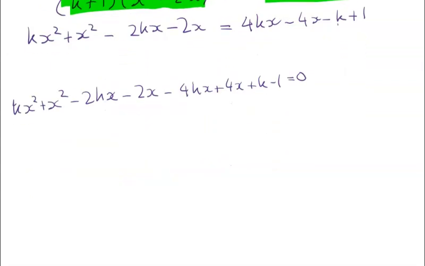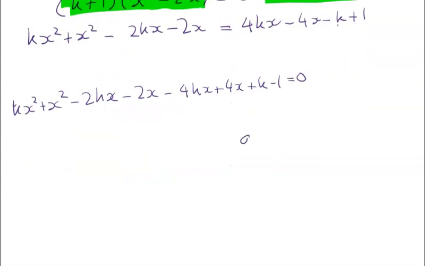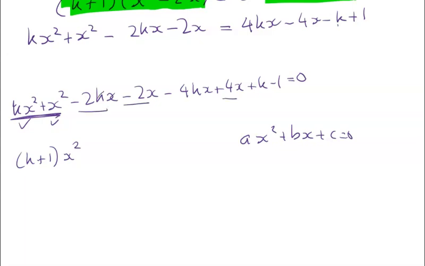Now my next step is to get this into a quadratic in ax squared plus bx plus c equals 0 form. So I'm looking for like terms now, and I'm going to have a way of ticking them off when I've found them. I've got (k plus 1)x squared, and next I've got minus 2kx minus 2x plus 4x minus 4kx.